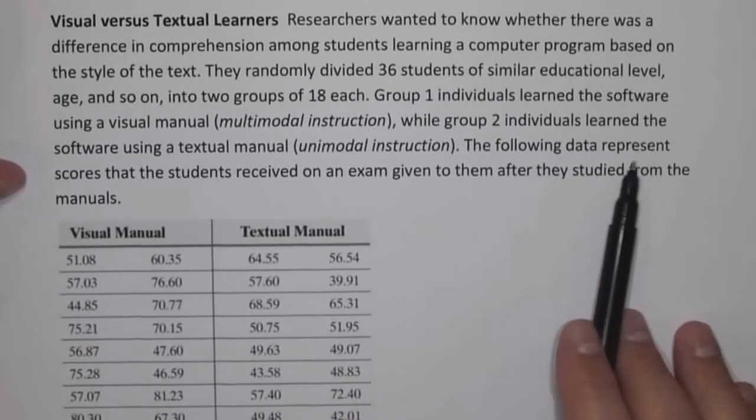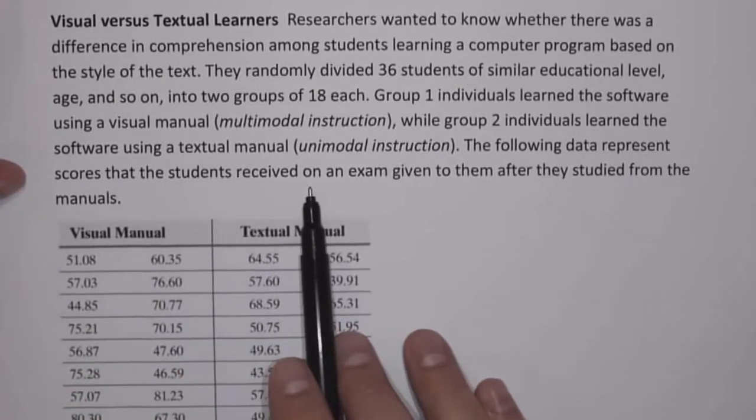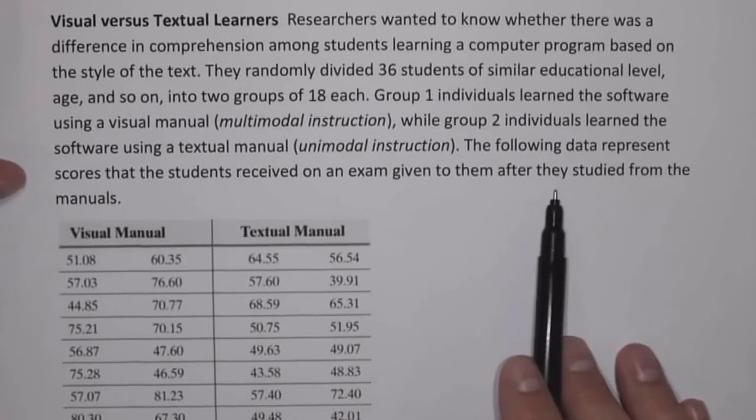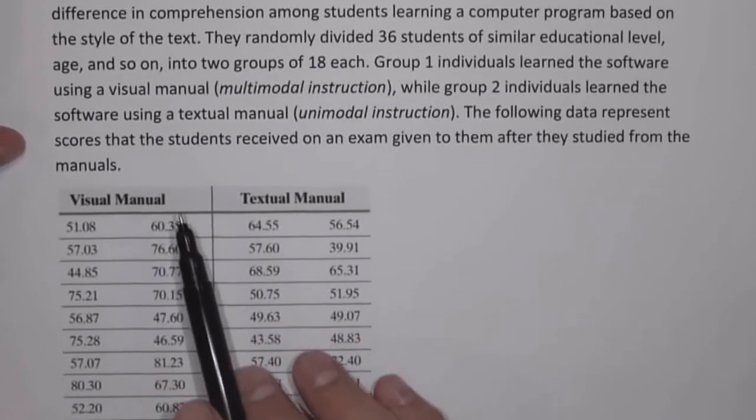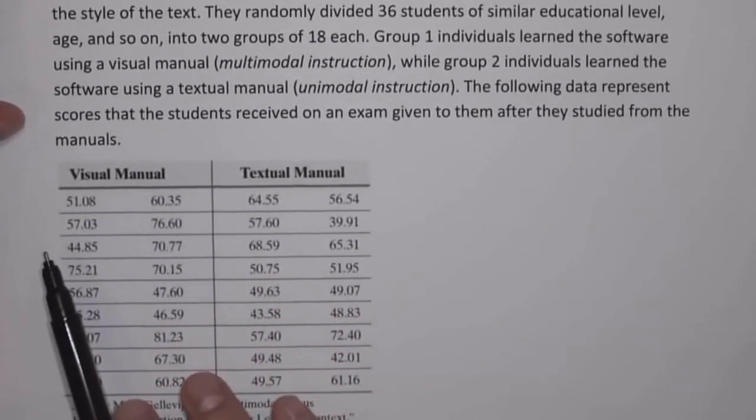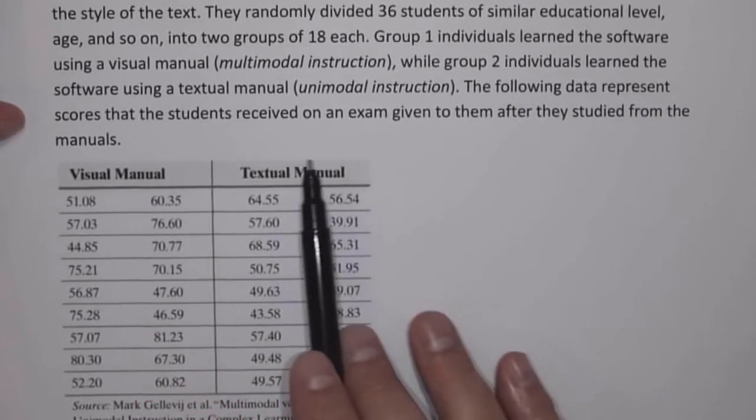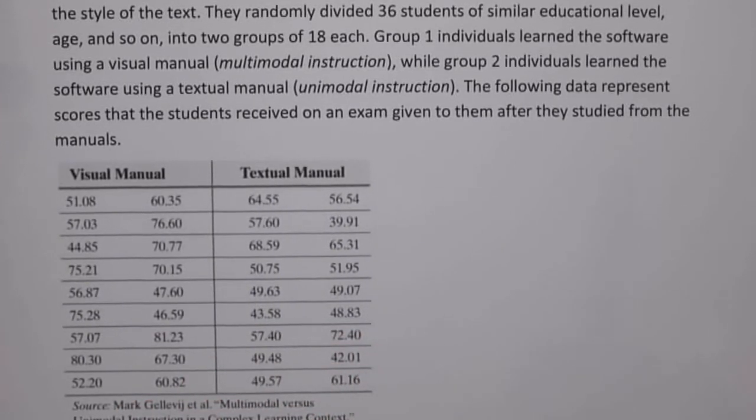The following data represent scores that the students received on an exam given to them after they studied from the manuals. So we have data for the students who used the visual manual, and we have data for the students who used the textual manual. And again, these are representing the exam scores that they received after studying from the appropriate manual.